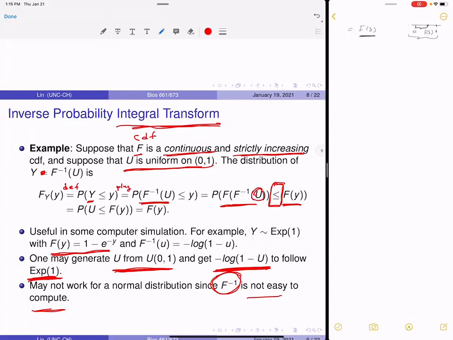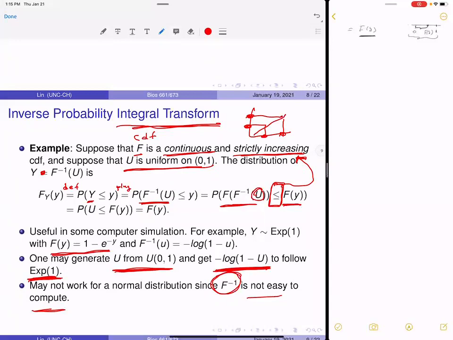The reason this inequality doesn't change is an important property: I laid out an assumption that this function is strictly increasing. Strictly increasing means a bigger value remains a bigger value, and a smaller value remains a smaller value. So this doesn't change.